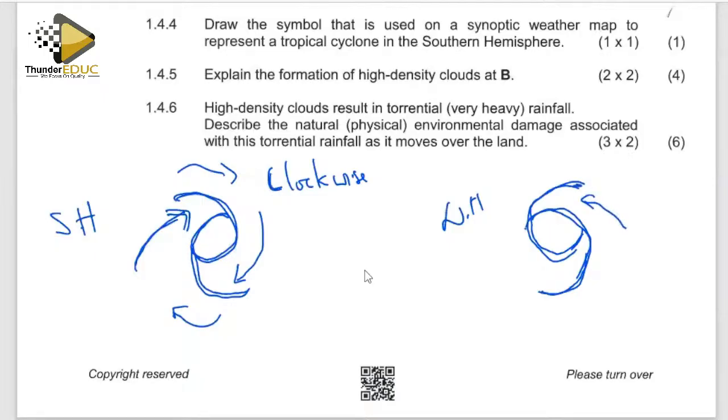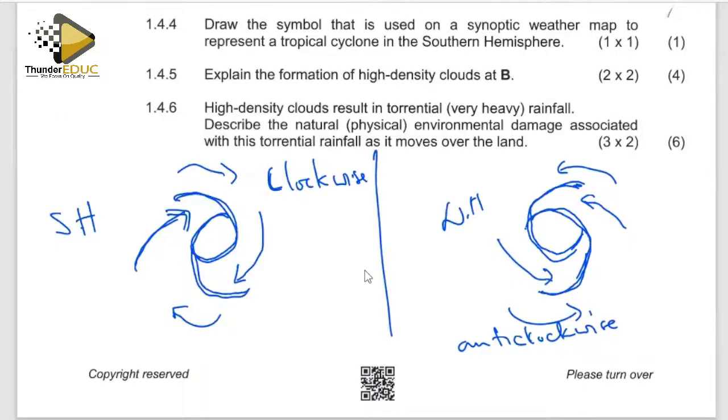If air is fed there and if air is fed here, this is going to give us an anti-clockwise circulation. So those are the two indications of tropical cyclones on a weather map. In the northern hemisphere, it's like that. In the southern hemisphere, it looks like that. That is how those symbols are portrayed on the synoptic maps.